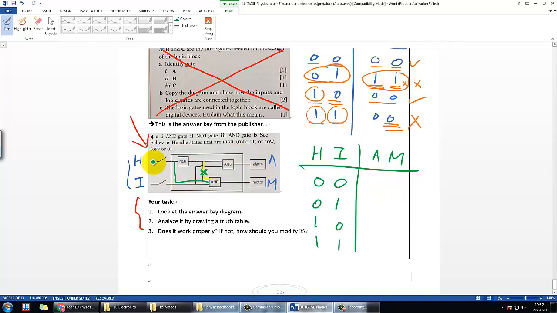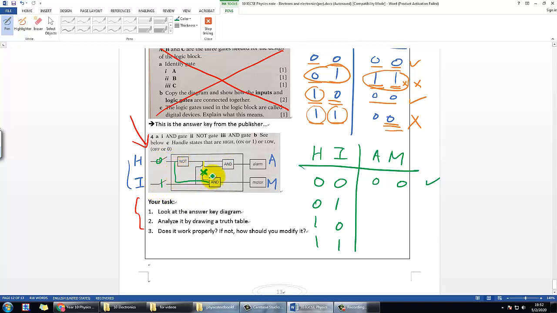So for 0, 0, we have 1 here, and then 0 and 0 here, and here is 0. So we have 0, 0. Okay, so actually it was fine. Let's try the next one. We have 0 and 1.